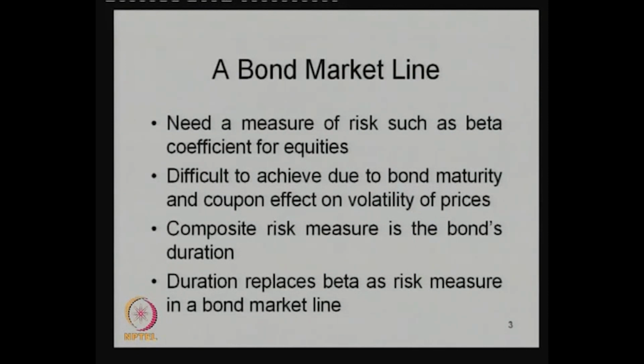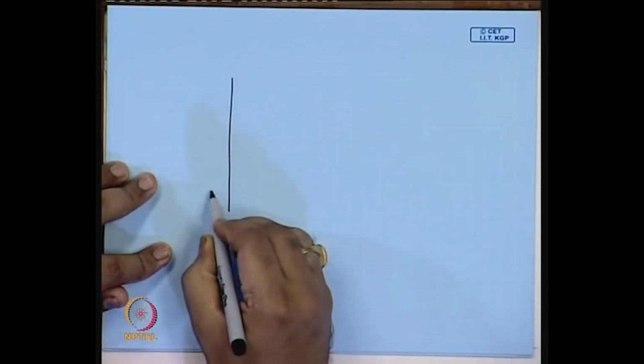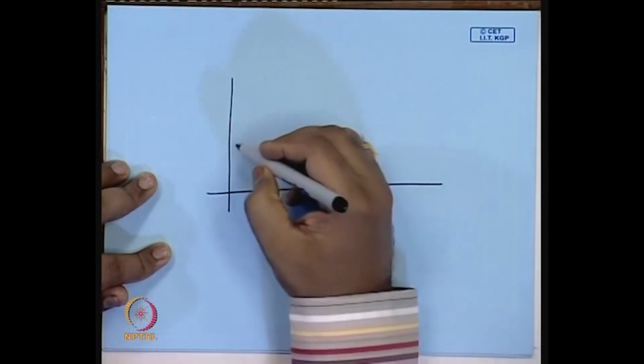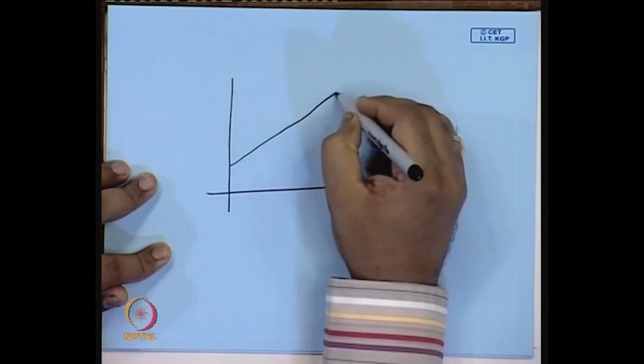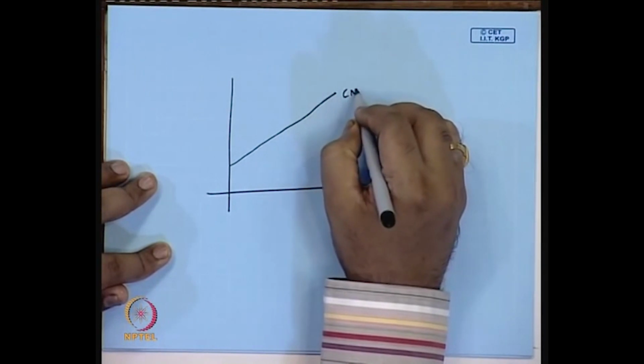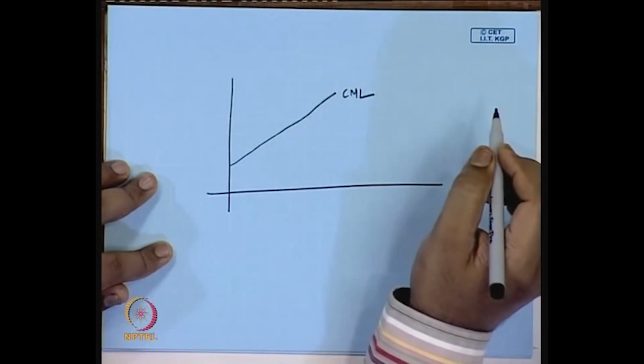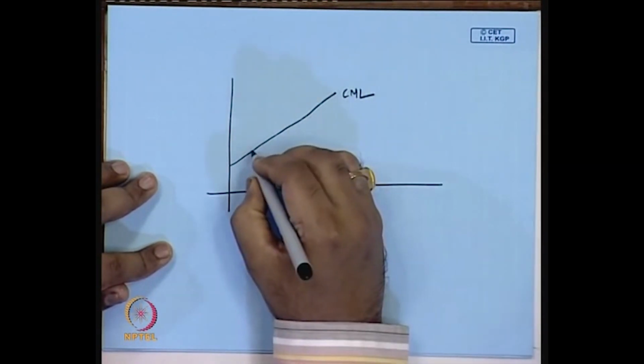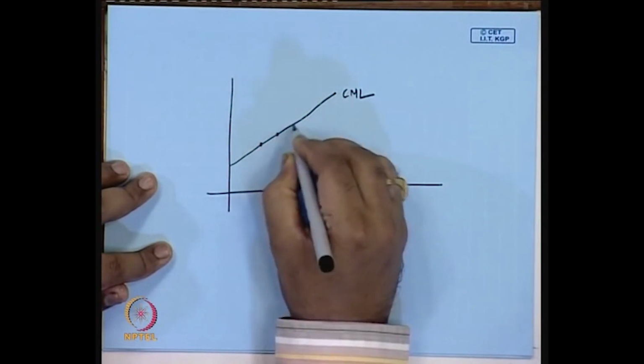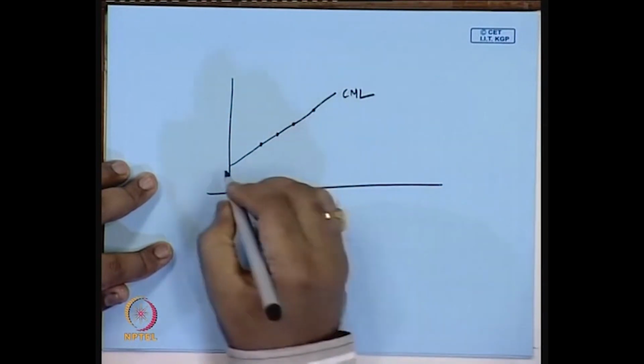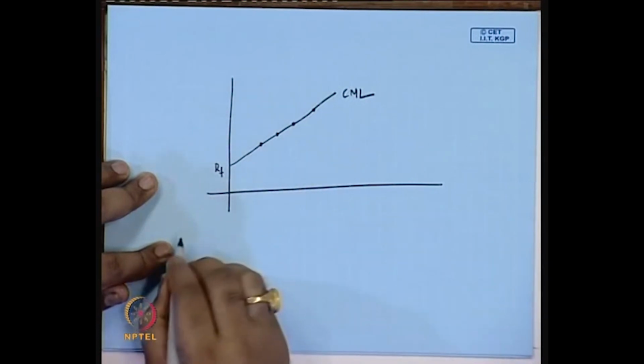Whenever we deal with the efficient portfolio in the case of equity, if you remember, we talk about the capital market line, or the CML, and each point on the CML is an efficient portfolio, and this is your risk free rate.